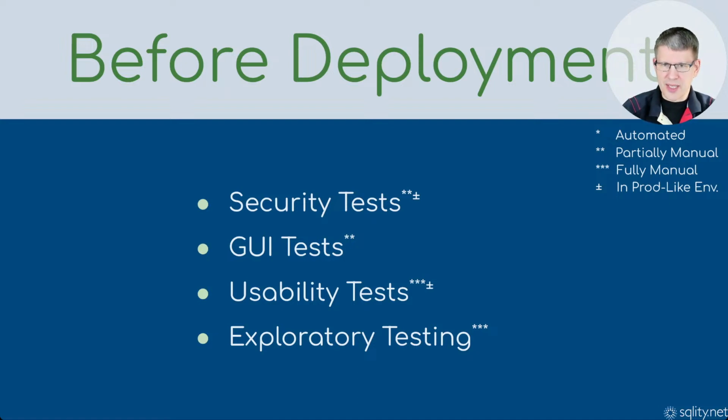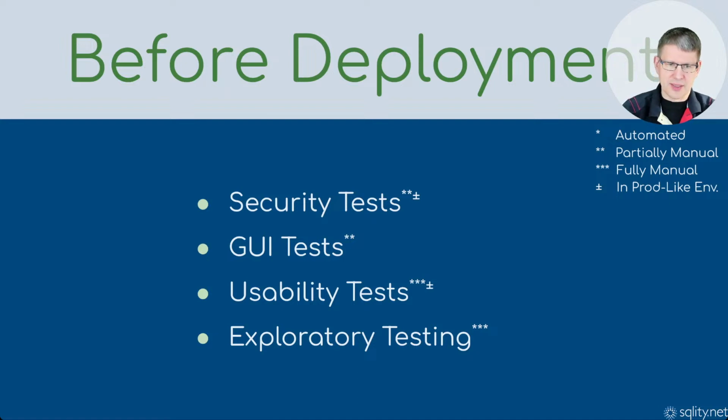Those should be fully manual, because you need to get people like your actual end users to use the platform and figure out, is it usable, is it understandable? Those tests also should happen before you deploy.